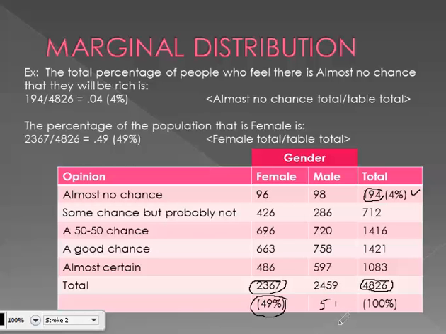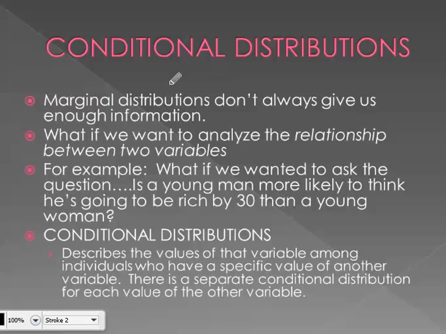I haven't done that math yet, but if we take 2459 and divide it by 4826, I get 50.9, or 51%. That seems pretty obvious, Mr. Green. Well, marginal distributions don't always give us enough information.